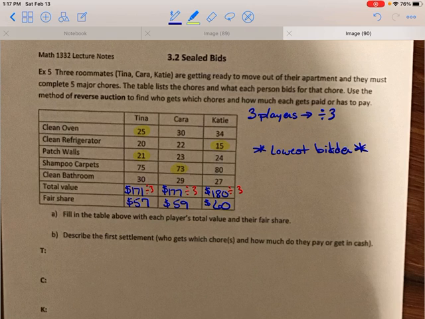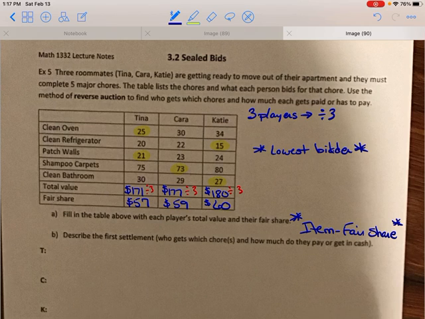Cleaning the bathroom, that's worth way more than $27 to me, but sure, Katie's going to do that for $27. Now remember, the other difference is when you do the money, this is backwards. It's item minus fair share. So that is backwards from a regular sealed bid.